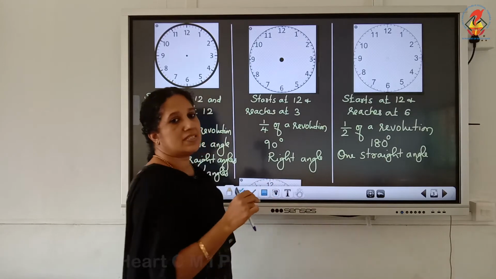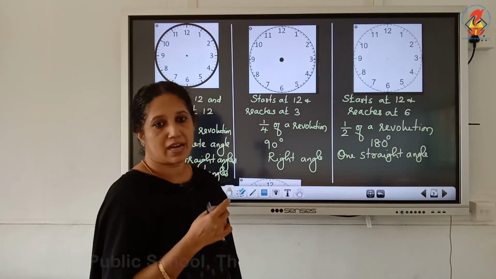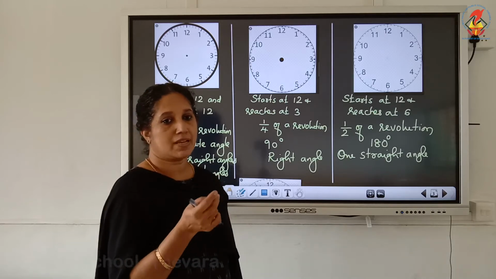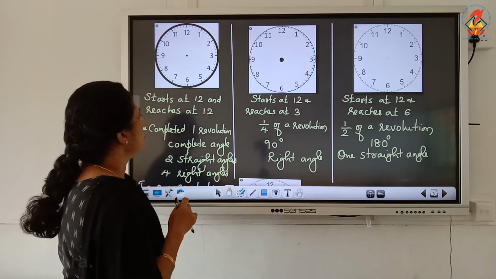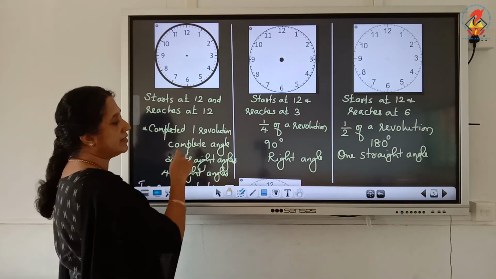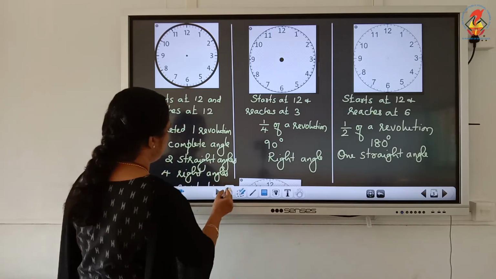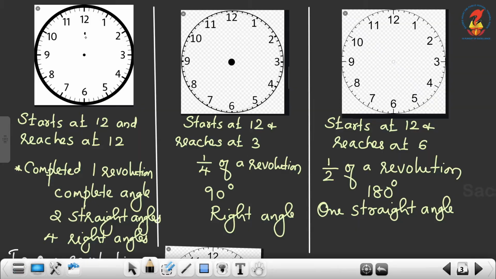Now we can see these revolutions on clock faces, and the inclination between the hands of a clock gives an idea of the angles. Now suppose the hand of a clock starts at 12 and reaches 12. It goes round and reaches 12.